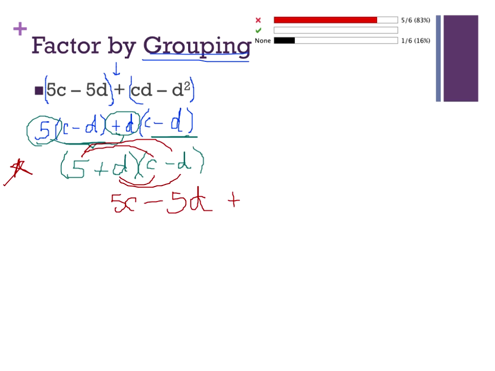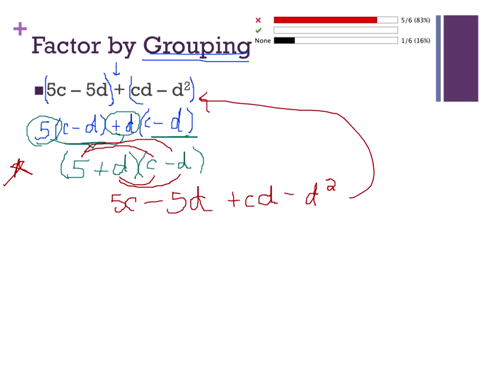Then if I multiply, I get plus dc, which I'm going to rewrite as cd, so I go in alphabetical order, and minus d squared. This should look very familiar. 5c minus 5d plus cd minus d squared, well, that's our original problem.